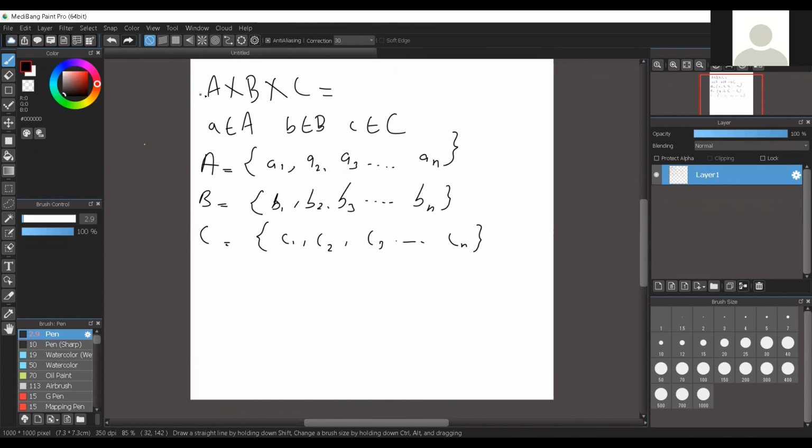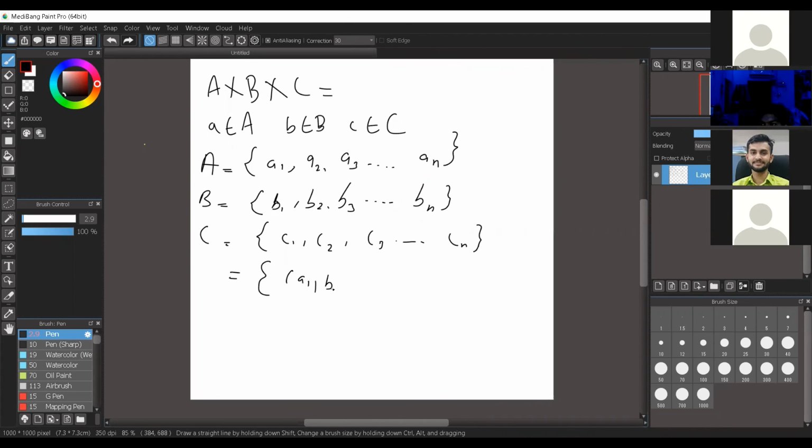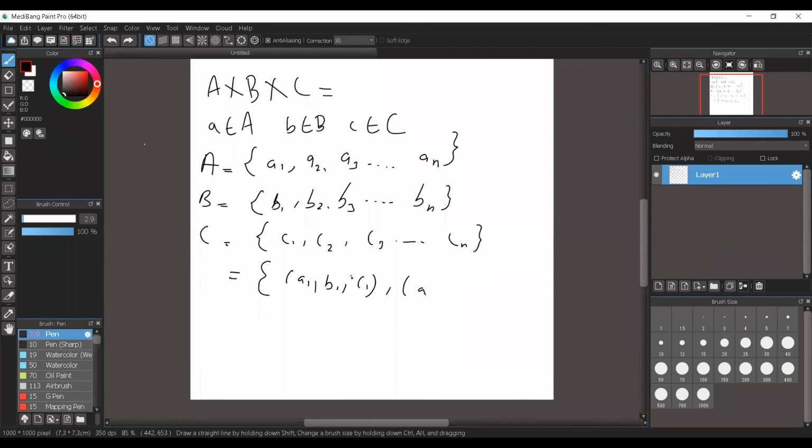So when we're doing the complement of A, B, and C, we first take the first element of A, B, and C. It's going to be A1, B1, C1.